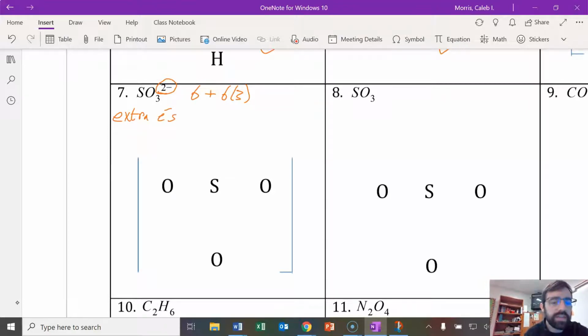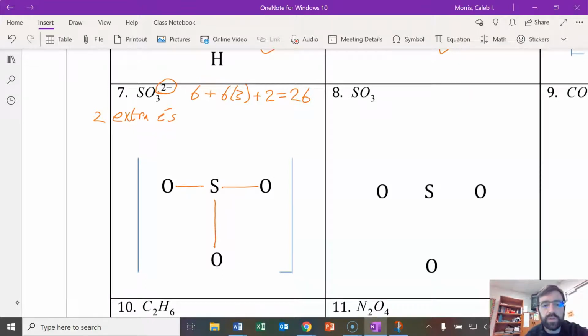To be exact, because it's a -2 charge, I'm going to have 2 extra electrons. So we're going to add 2 electrons. Okay, so I have 24, 25, 26. I have 26 valence electrons to work with. We start with single bonds. 1, 2, 3. Okay. Then we make our outsiders happy.